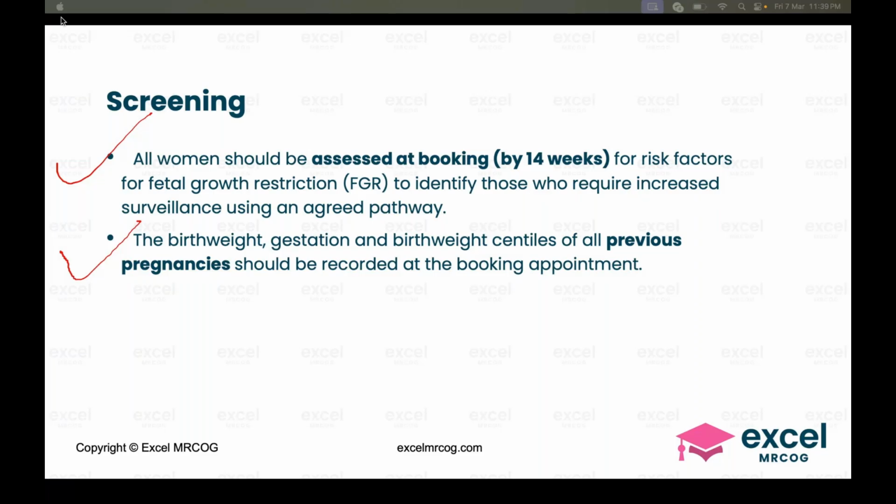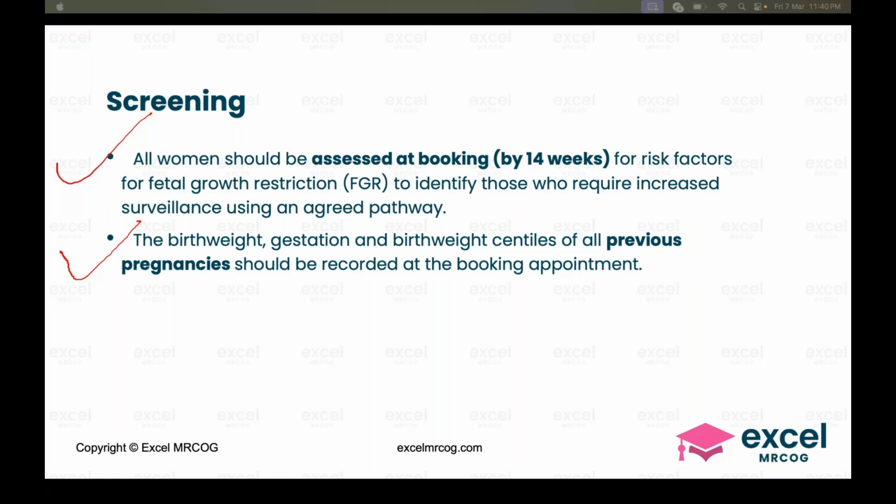So that is, you know that the previous baby was less than third centile, or the previous baby was less than 10th centile with placental insufficiency evidence, that is, Doppler changes. Or she needed delivery early, less than 34 weeks because of the growth problem, or because of preeclampsia. Now, preeclampsia is also placental insufficiency. So these babies are likely to be growth restricted. All right. So these are the two things that you need to remember.